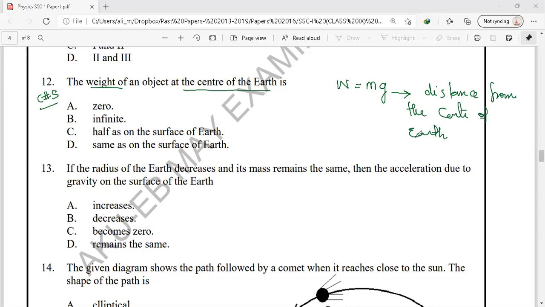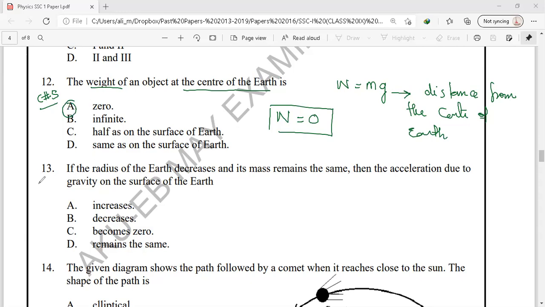As we move away from the center of the earth, the gravitational acceleration decreases, while at the center of the earth, the weight of the body becomes equal to zero. So the correct option for question number 12 is option A, that is zero.